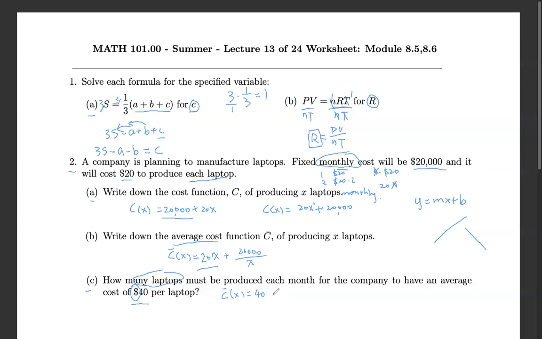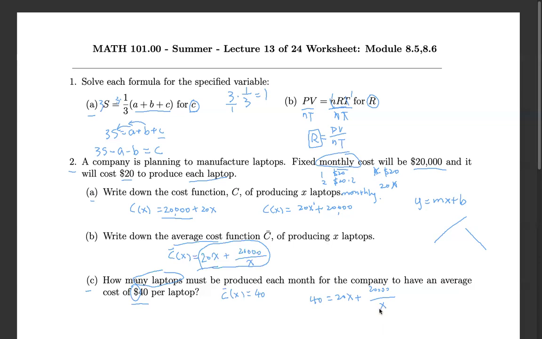So what do we do? We just do 40 equals, because this is how the function is defined, 20X plus 20,000 divided by X. Now we need to solve this equation. Remember, we like to get rid of the denominators.